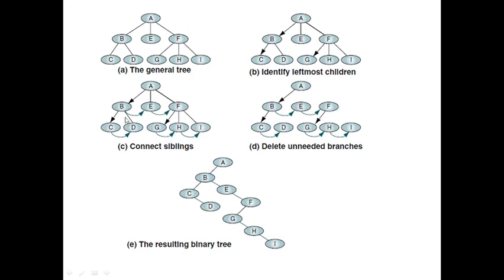Understand clearly that after you have interconnected the siblings, you can remove the additional connections from the parent. Then you just have to redraw it properly, so that D is the right child of C, and similarly E and F become right children of B, and H and I become right children of G. So it is now a binary tree.